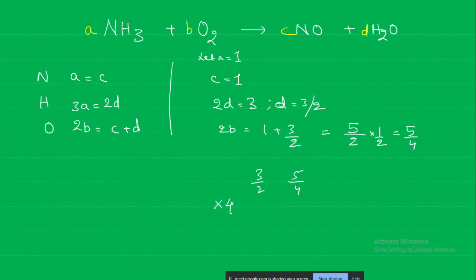If we multiply by 4, then 3 by 2 into 4 will become 6, and 5 by 4 into 4 will become 5. So now we can put D is equal to 6 and B is equal to 5.